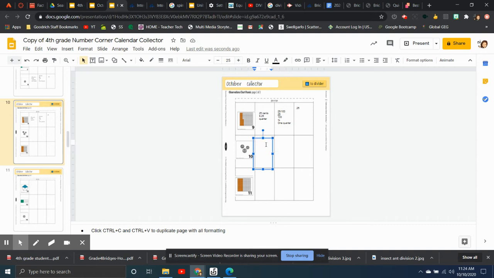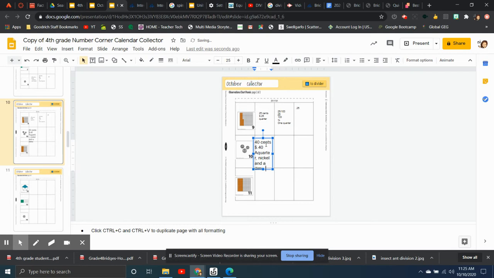Okay, you can type anytime now. 40 cents. Also write it a dollar sign, a decimal point, 40, and we can write a quarter, nickel, and a dime.